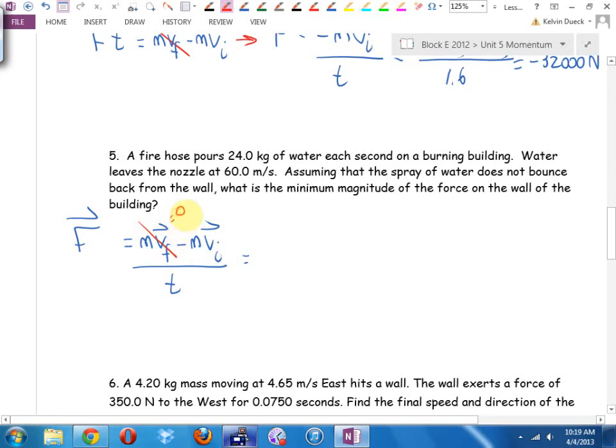And Sam, why can I do that? Because you pointed out that time just equals 1. And does dividing by 1 change anything? Oh, cool. So we're going to have negative because the force being applied is in the opposite direction of the incoming velocity.